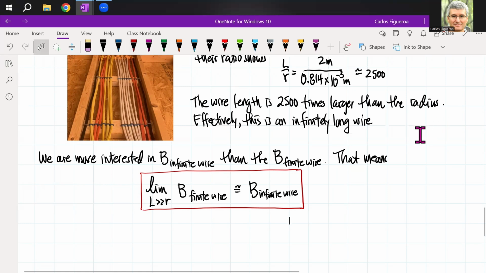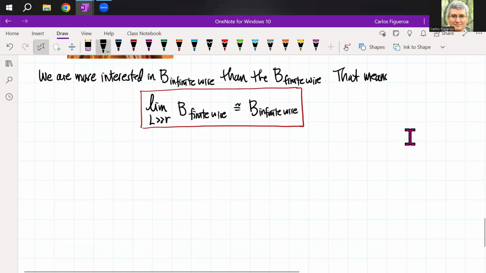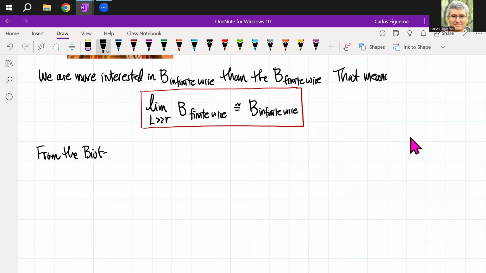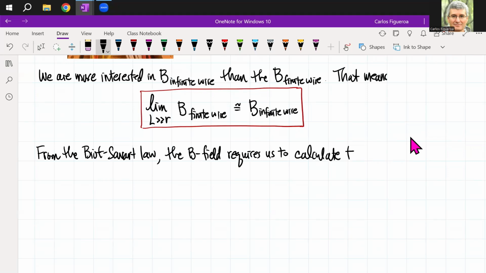So let's look at this here. Now we have to solve the Biot-Savart law. From the Biot-Savart law, the magnetic field requires us to calculate two things.